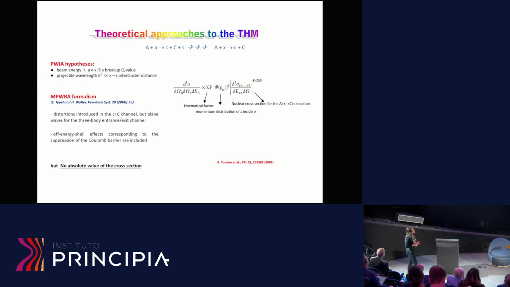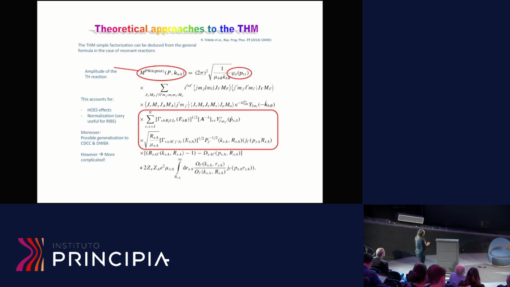However, if you stay with this factorization, and of course you have to make an important selection of data and so on, you get the energy dependence of the two-body cross-section, but not the absolute value of the cross-section. So in this sense, you need direct data at higher energy in order to normalize your trend.